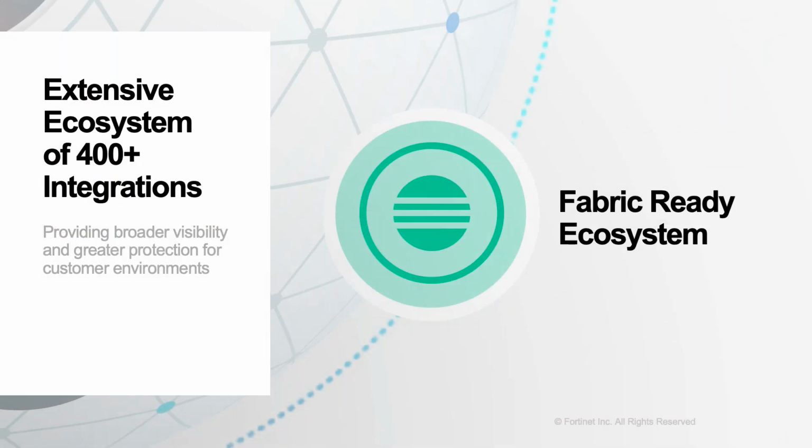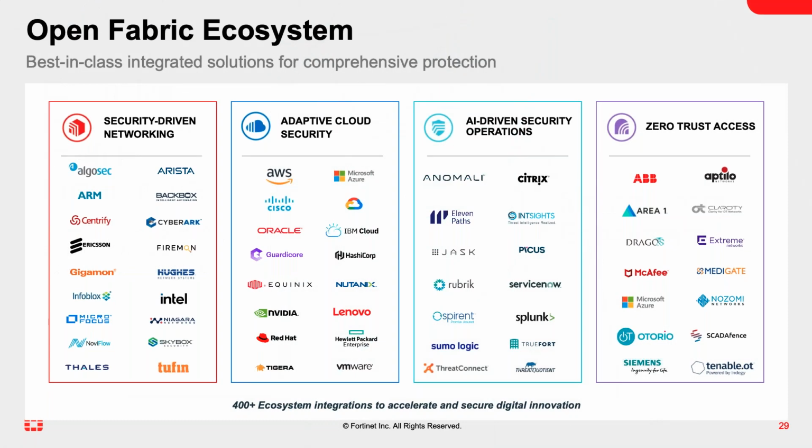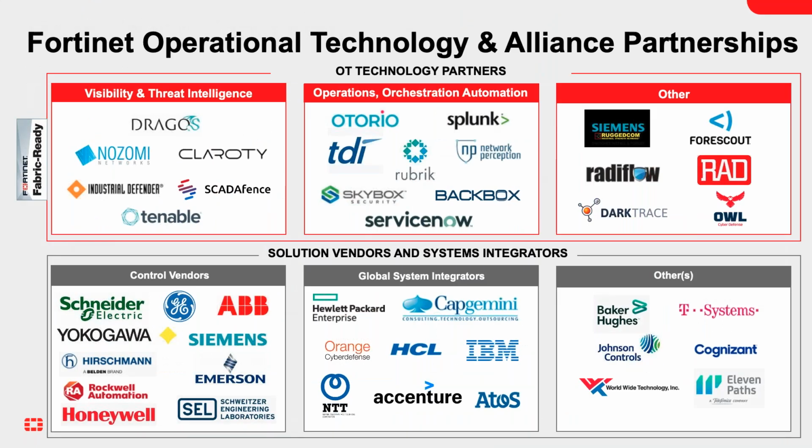As I said, Fortinet is a steward of cybersecurity, recognizing the need to integrate with other security vendors and providers. As I mentioned before, the ecosystem is large, and some of these names you might recognize. Specific to OT, operational technology, we have visibility partners like Dragos Clarity, Industrial Defender, SCADAfence and Tenable, and control vendors.